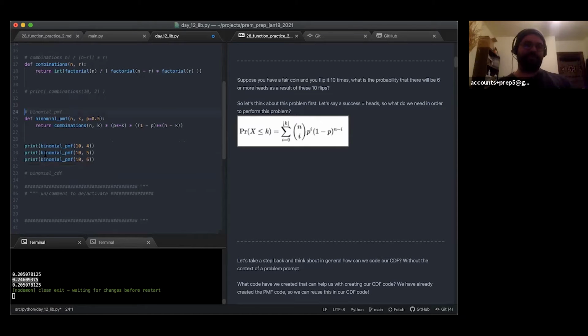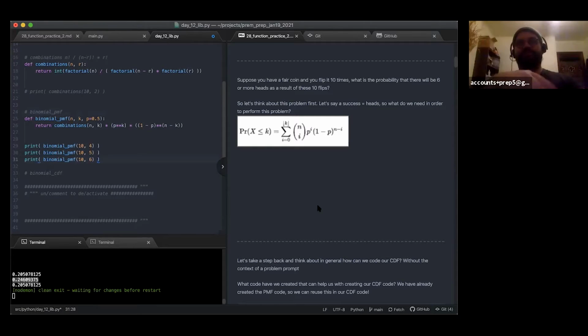It's always good to think about this: maybe you don't know what the PMF of 10 and 5 should be off the top of your head, but there should be a certain pattern at least. Intuitively, if I flip a coin 10 times, what's the most likely result?